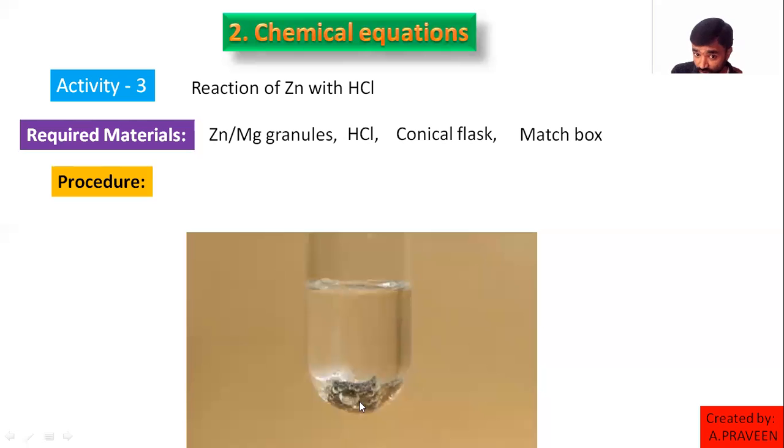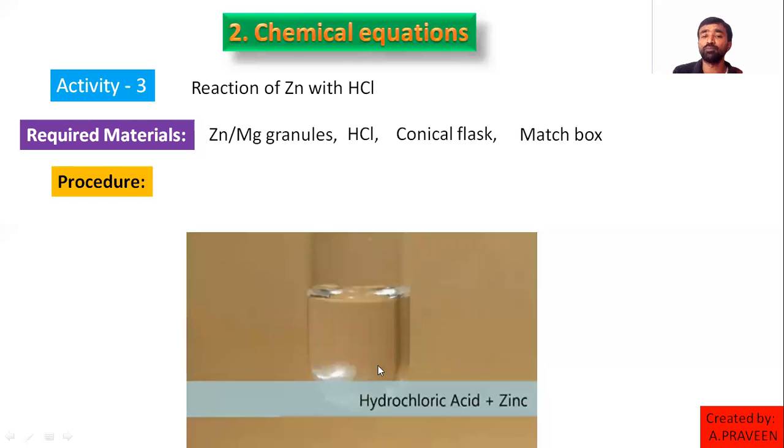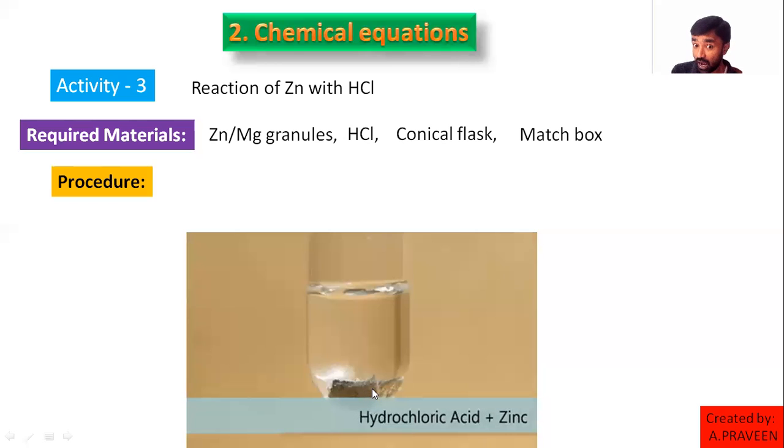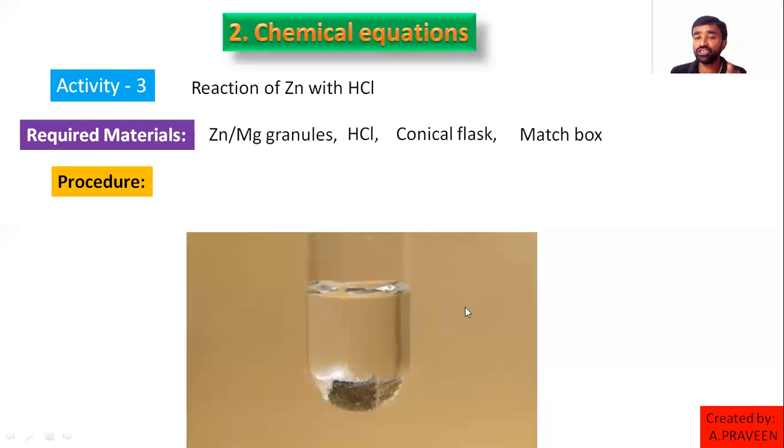Here you are observing bubbles forming on the zinc metal piece, right? When we drop the zinc metal piece in it, I observed bubbles forming on the metal surface. That indicates the reaction is taking place between the acid and the metal. So this is your observation.